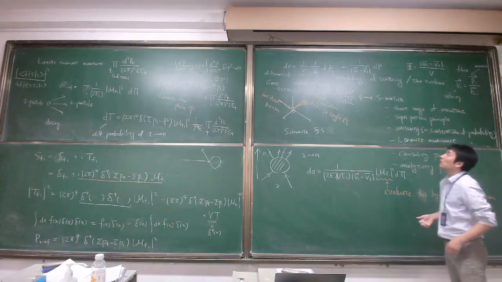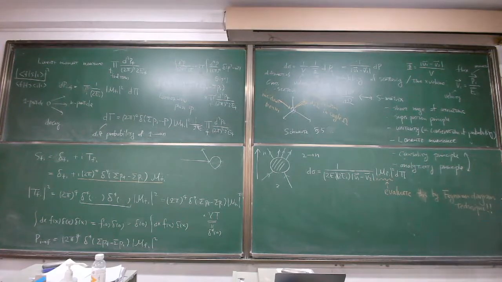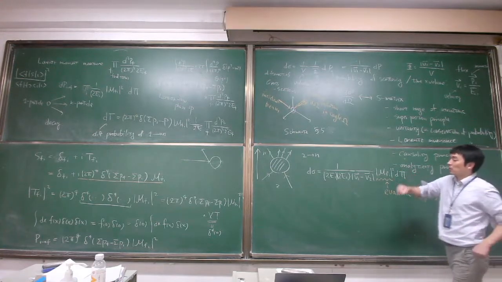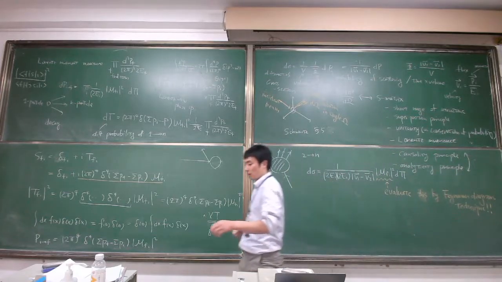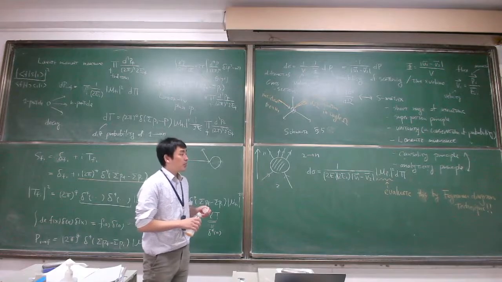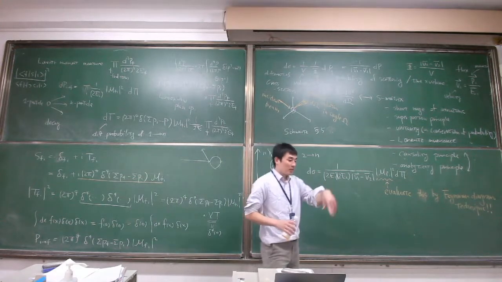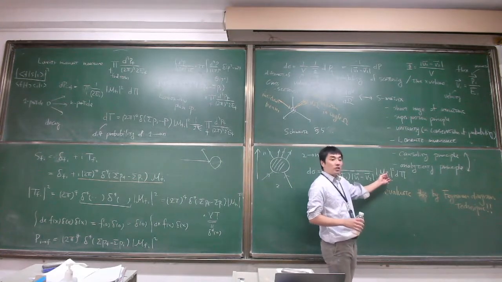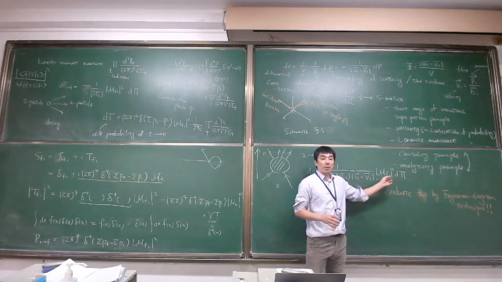That is how you relate the S matrix and the cross section. So this is the general formula for 2 to n scattering, and from the next lecture you will learn how to evaluate this matrix M.